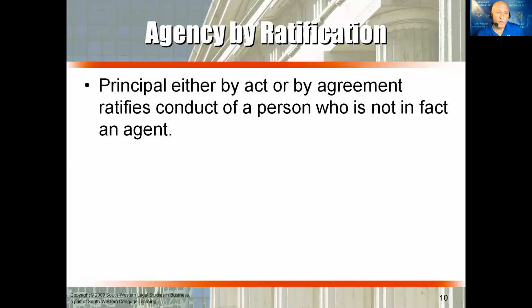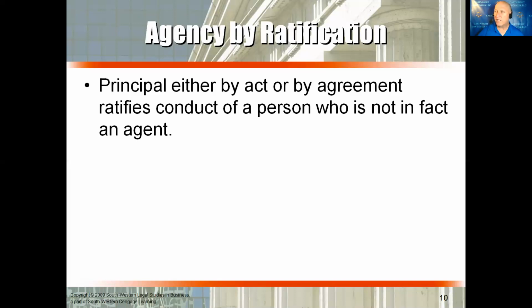But you don't need fertilizer. You're not a farmer. I am. But you like me and you want to help me out if you can. So you go to them and you say, hey, Mr. Cartwright agrees to buy a ton of your fertilizer for 10 cents on the dollar, whatever that price may be. And you come back to me and I say, great, that's wonderful. I approve and I go ahead and go forward with it. I have ratified that agency relationship by approving it.